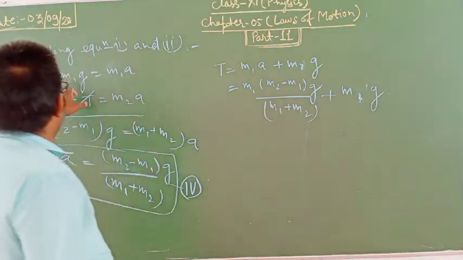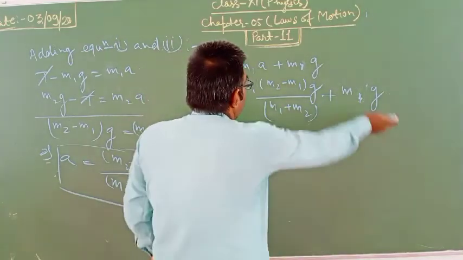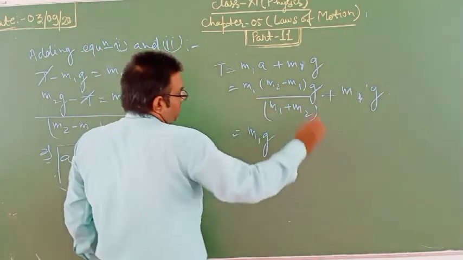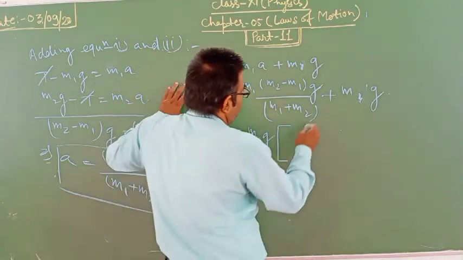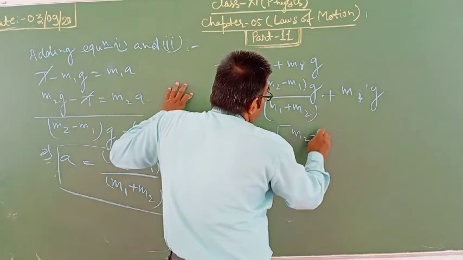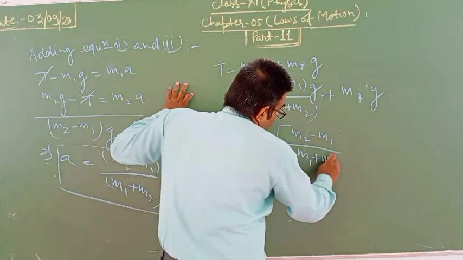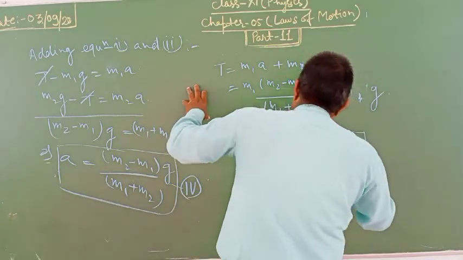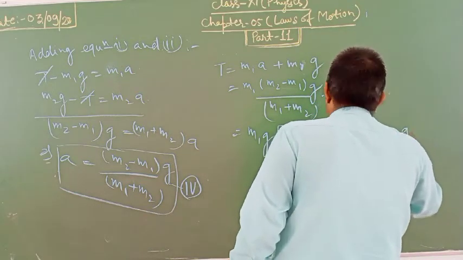Now because here it is m1g, taking m1g common, it will become (m2 minus m1) upon (m1 plus m2), plus 1. And here look here, students, m1g.